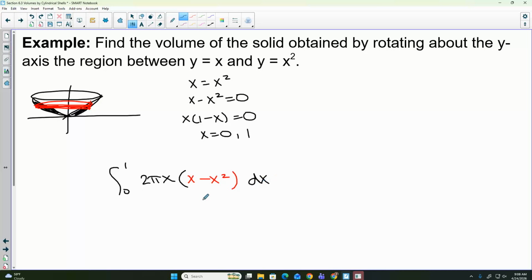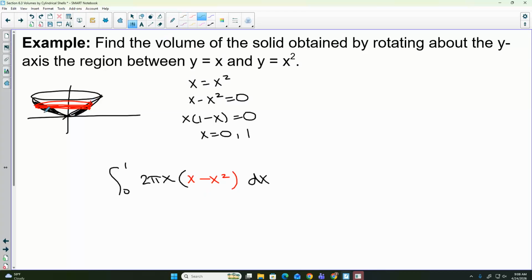Again, if you mess up that part, how will you know? You'll get a negative at the end, so you can just say, I know that should be a positive, I'm doing the absolute value of it, and that would be my true volume. So for the thickness, we're not finding the distance between the outer and inner shells. This is different than how we were doing it before.